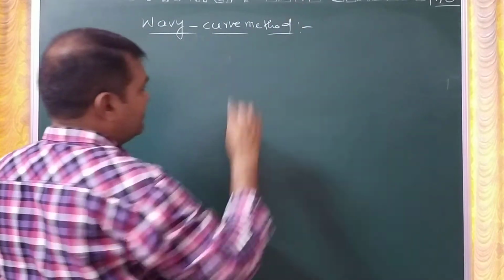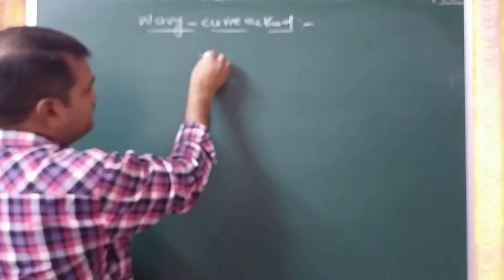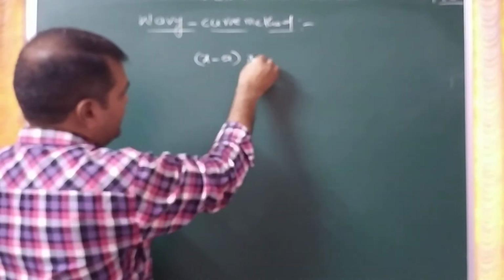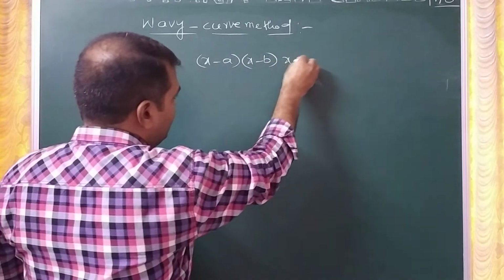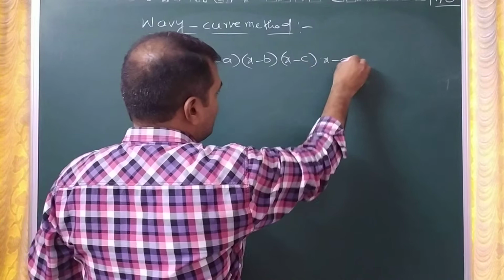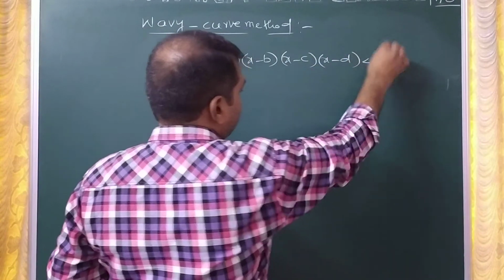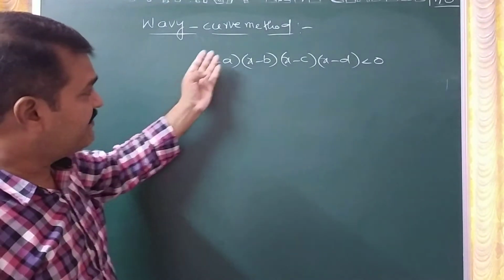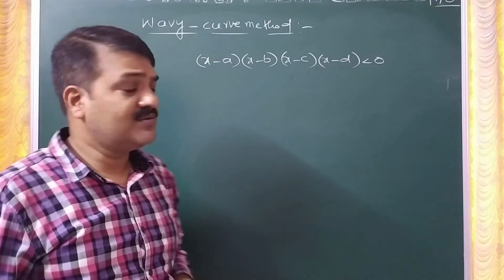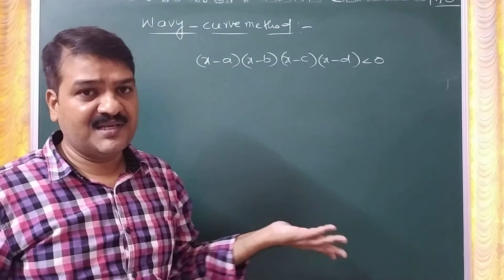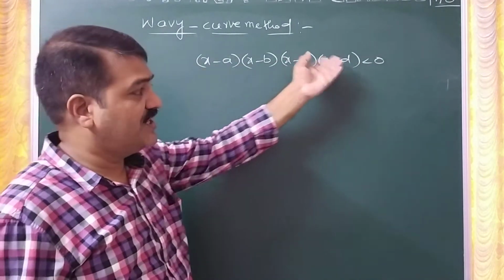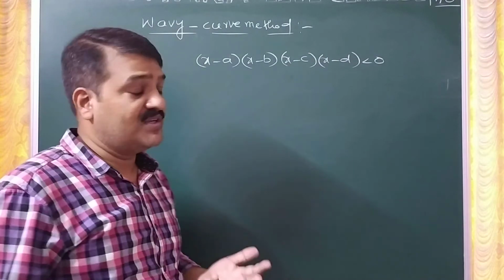So in the wavy curve method, for example, you need the solution of this. For example, we have 4 different linear factors like this. This is definitely not a quadratic, because the degree will be 4 here. So we need the solution of this.